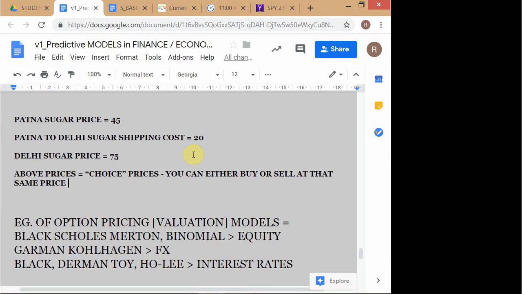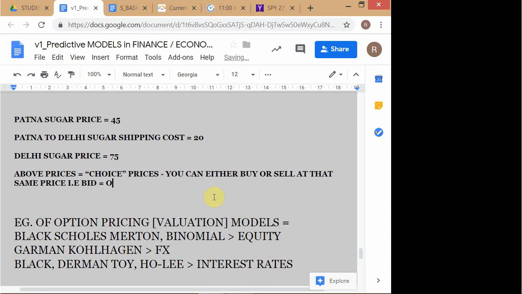This is a new lingo that you're learning. Bid and offer you're already familiar with. Now there's the concept of a market maker quoting you a choice price. He doesn't quote you bid and offer separately, he quotes you only one price and it's your choice. You can either sell to him or buy from him, which means bid and offer is the same.